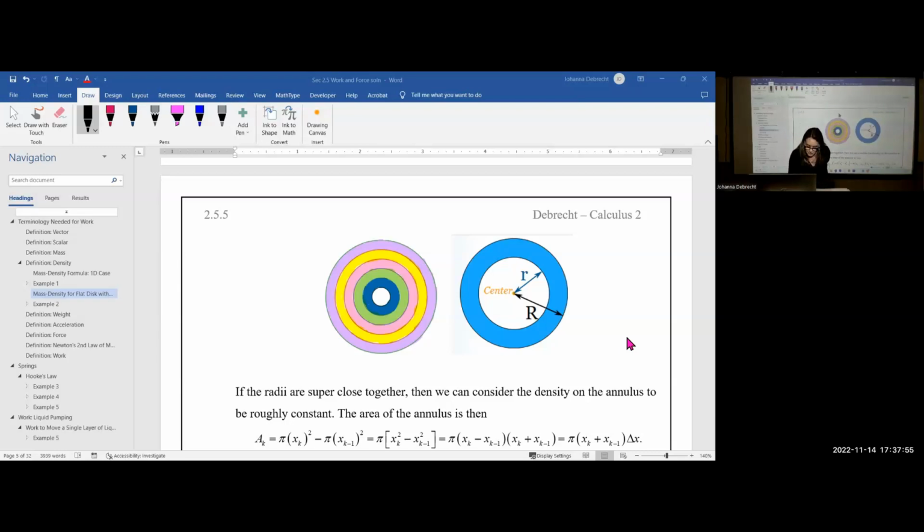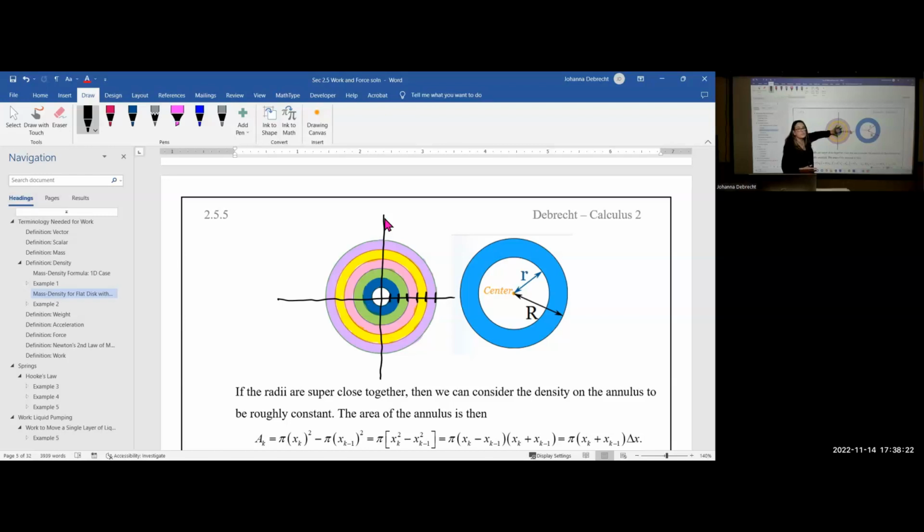So what we have here is the center right here, and we divided the x-axis into partitions. And each partition, because the density varies radially, creates these rings. You can see the blue ring, the green ring, pink, yellow, and purple as it comes out towards the outside.